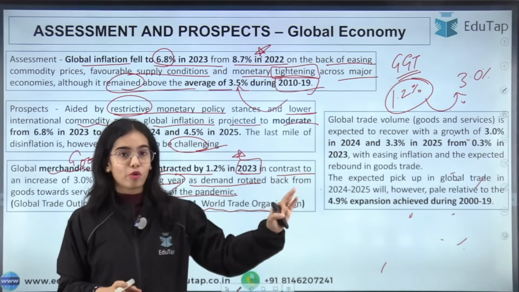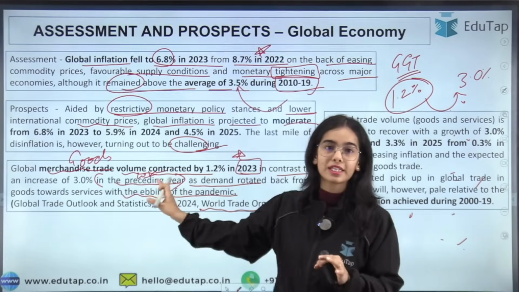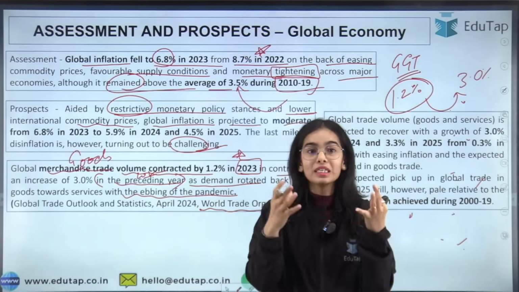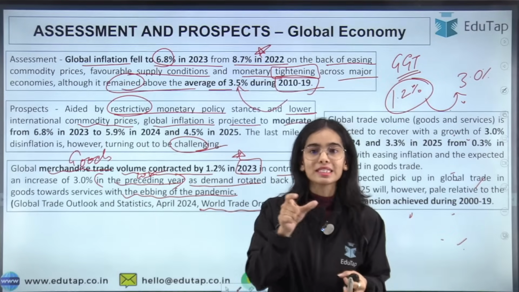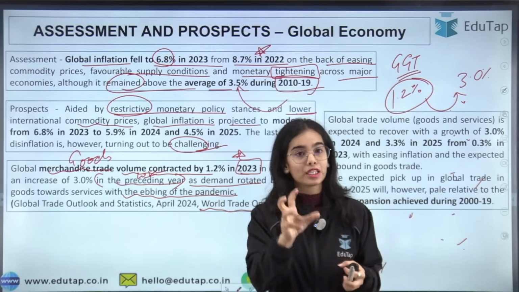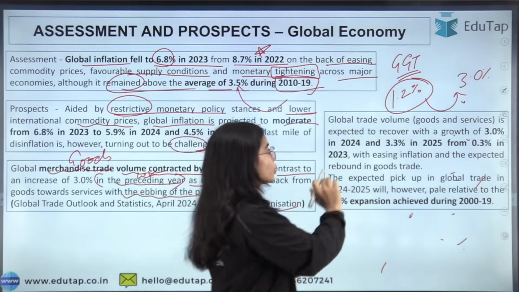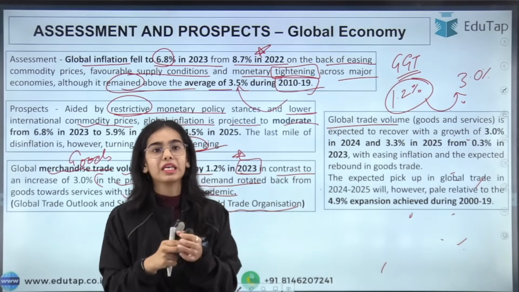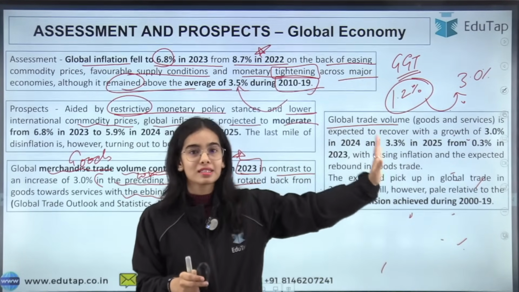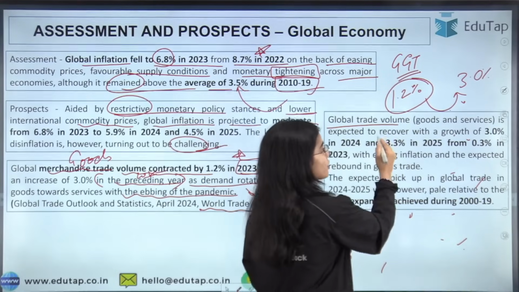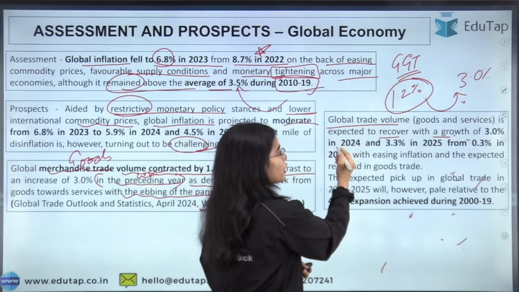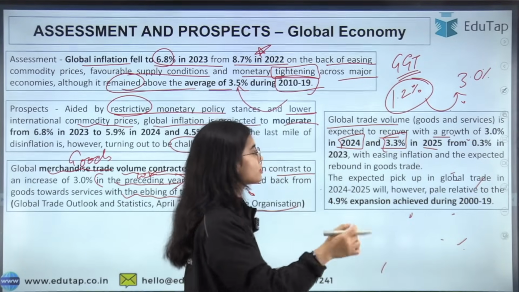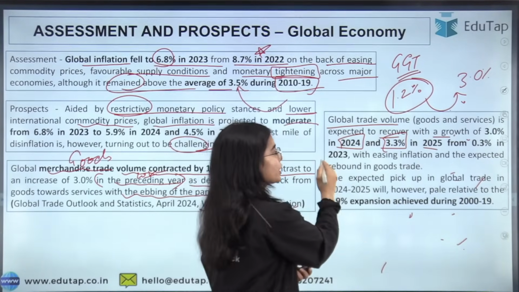So now global trade volume. We have seen the condition of global trade in goods. What about the global trade that is happening in goods and services both? The global trade volume, goods and services: total trade happening in not only goods but goods and services is expected to recover with a growth of 3% in 2024, 3.3% in 2025, from 0.3% in 2023.